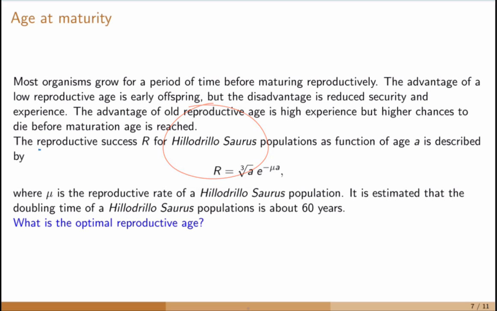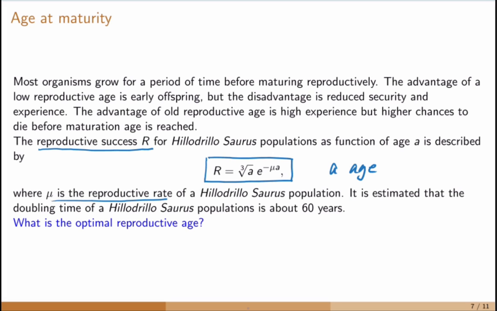And so here we have a formula for the reproductive success R, which is given as this formula. R is the third root of A, times e to the minus mu A, where A is the age. And then mu is the reproductive rate of a Hylodrillosaurus population, which has been estimated from the doubling time. The doubling time is about 60 years. So now what is the optimal age for Hylodrillosaurus to reproduce?